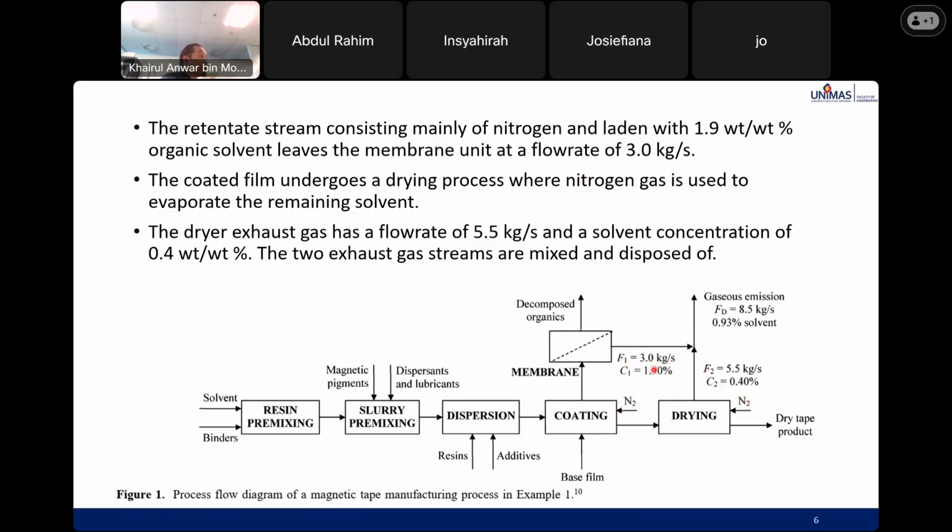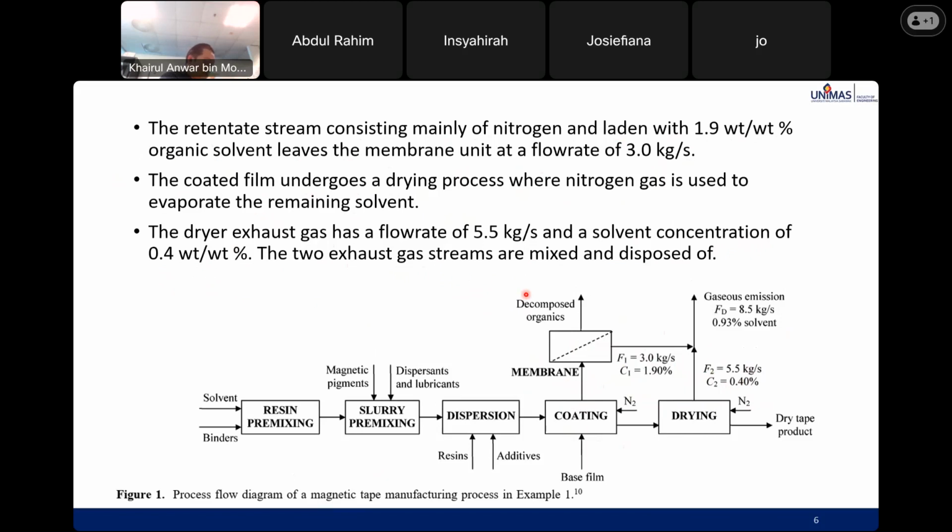Before we can recycle it, we need to know the minimum flow rate, which requires pinch analysis. The dryer exhaust gas, F2, has a flow rate of 5.5 kg per second and solvent concentration of 0.4 wt%. The two exhaust gas streams are mixed and disposed of.